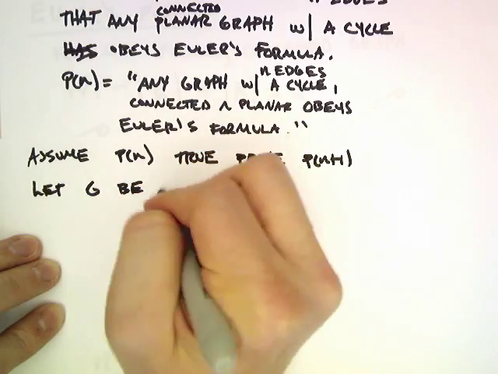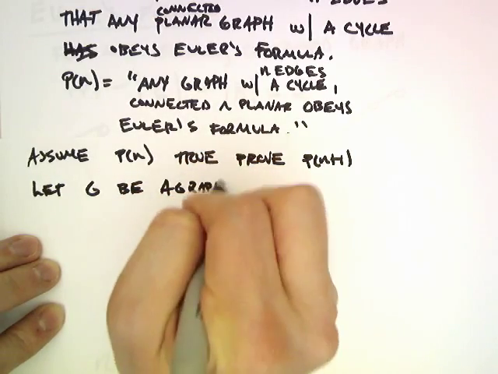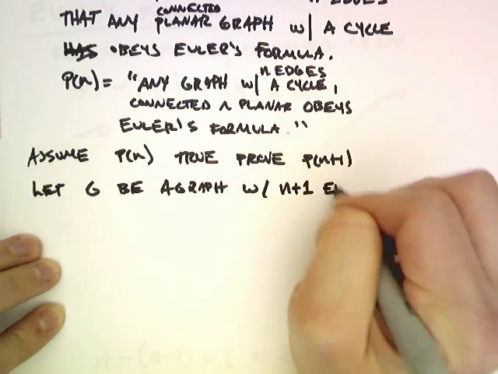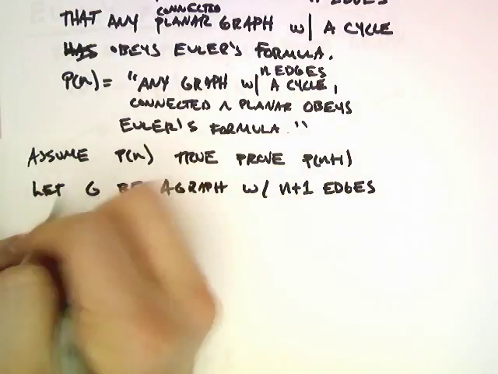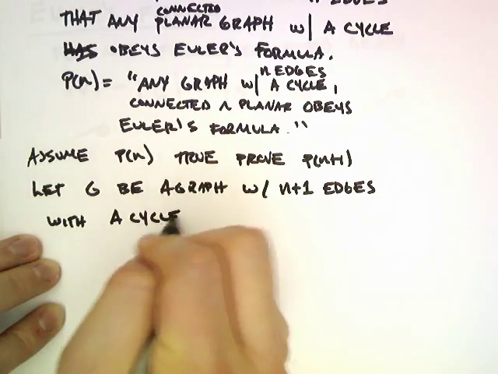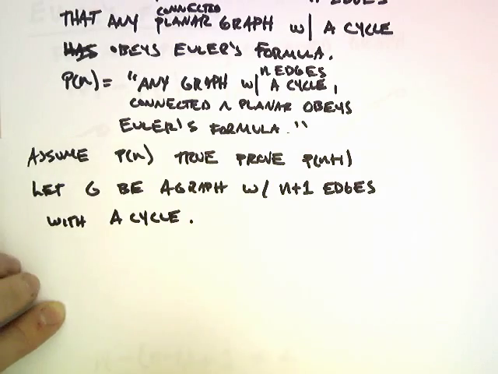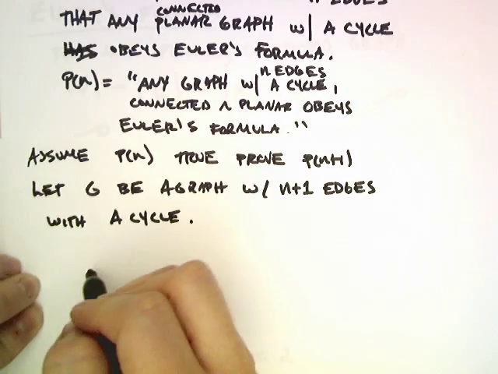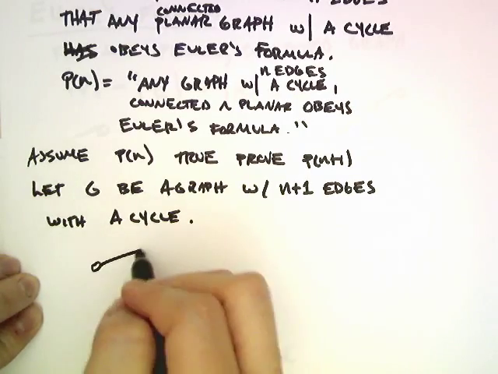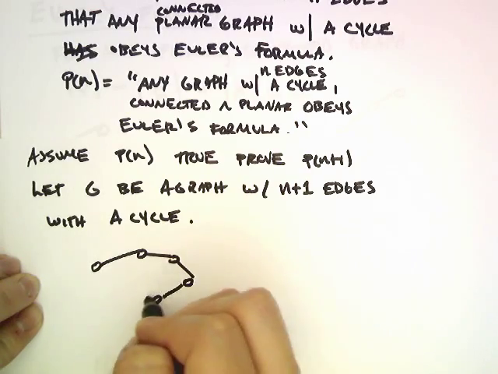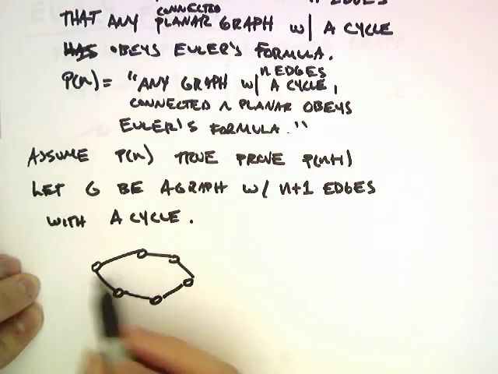So let G be a graph with n plus 1 edges with a cycle. Okay, so since G is a graph with a cycle, we don't know how many edges are in this cycle, but somewhere in the graph there is a cycle.